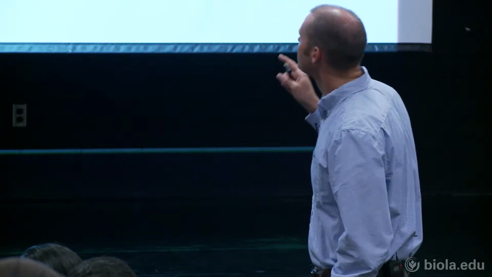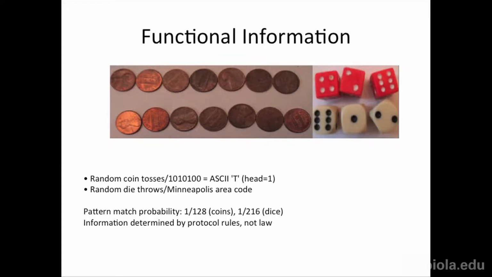But what makes this now functional information is if I told you something about what it means, okay? It becomes functional information if I tell you that that 7-digit ones and zeros pattern is actually the ASCII code for T. Okay, that is the digital code in ASCII.